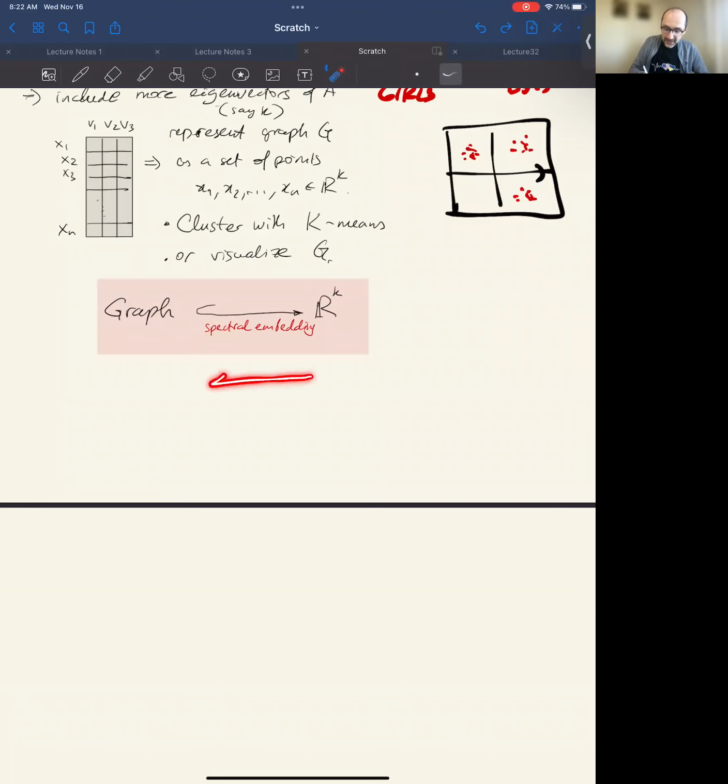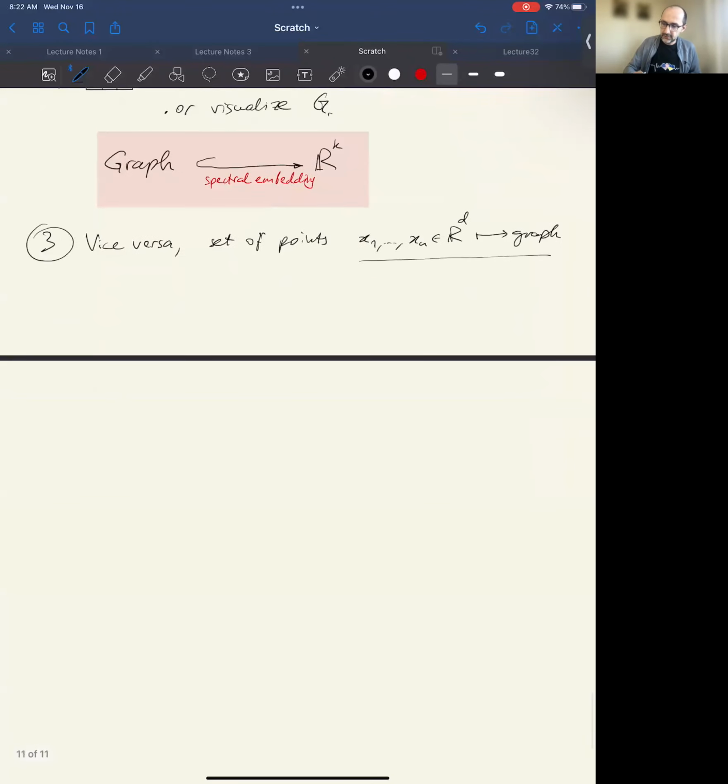Actually, there is a way back. Vice versa, we could visualize the set of points, the geometric data, any set of points in RD, let's say, as a graph. We can construct a graph from points. That would be very interesting.